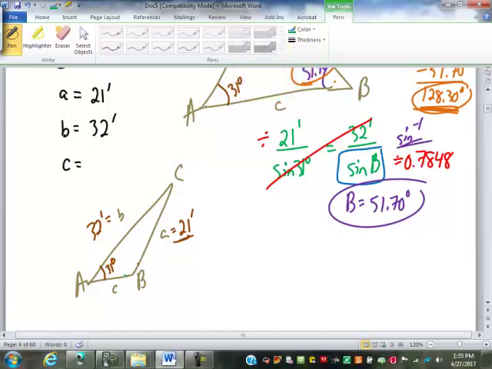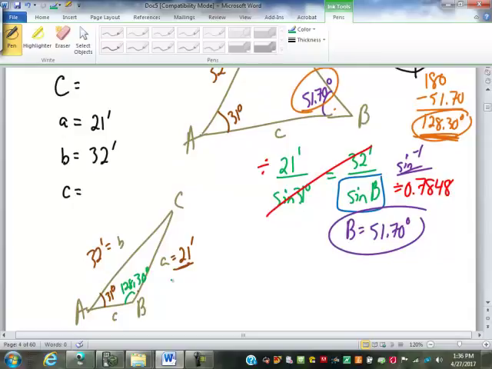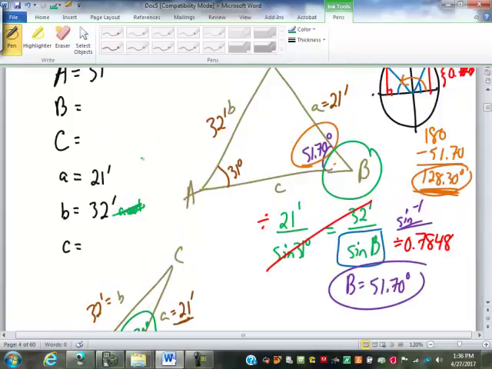So here, this angle would be not the 51, it would be the 128.3 degrees. So in order to make this work, we have to either have a picture that clearly shows us whether this angle is acute or obtuse, or we have to be told that B is acute.